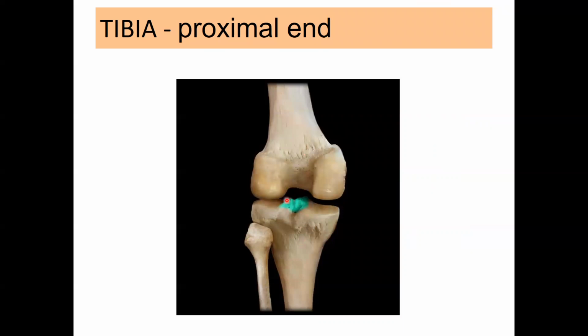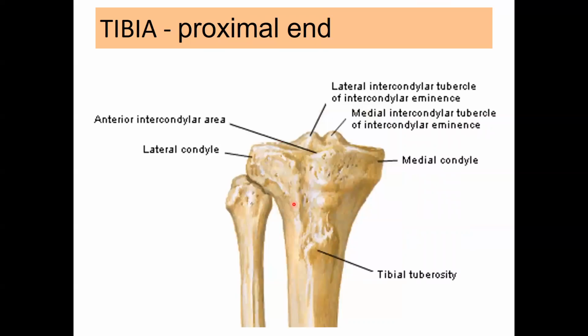This is the intercondylar eminences, medial and lateral. This is the lateral condyle, the medial condyle. This is the intercondylar eminence, the lateral one, and this is the medial one. Anterior to this eminence, there is the anterior intercondylar area and the tibial tuberosity at the anterior surface.